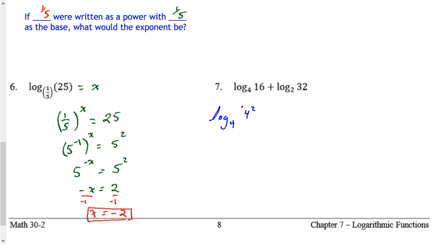That's what 16 is equal to. What if 32 was rewritten as a power with a base of 2? Well, log base 2, 32 is 2 to the 5th. Log base 4 of 4 squared is the exponent of 2. Log base 2 of 2 to the 5th is the exponent of 5. And I get 7 as my answer.